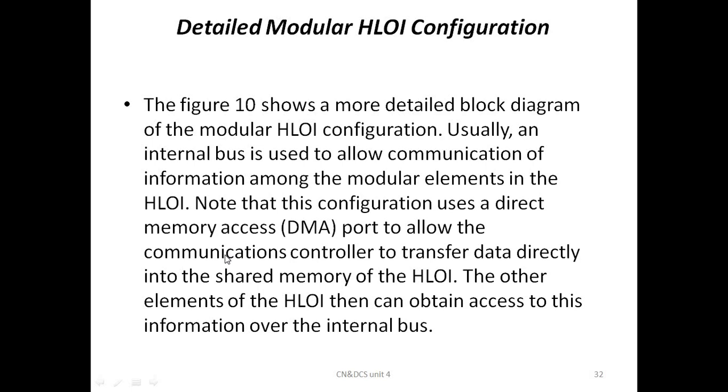Note this configuration uses a direct memory access port to allow the communication controller to transfer data directly into the shared memory of the HLOI. The other elements of the HLOI then can obtain access to this information over this internal bus.